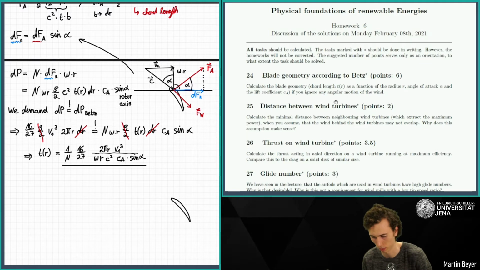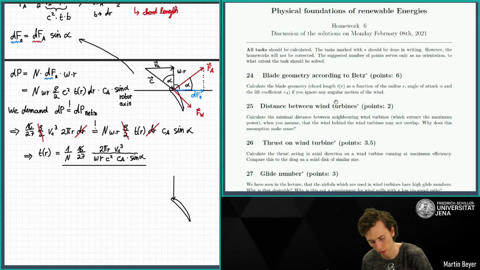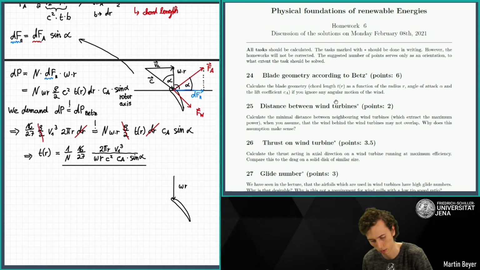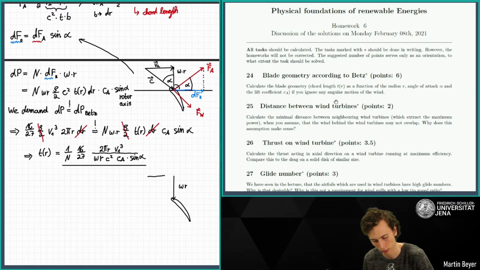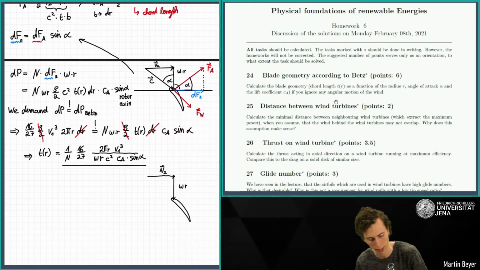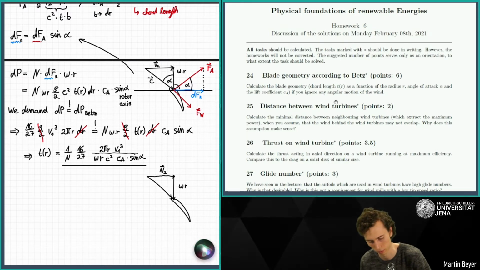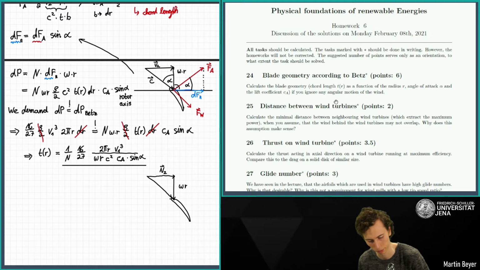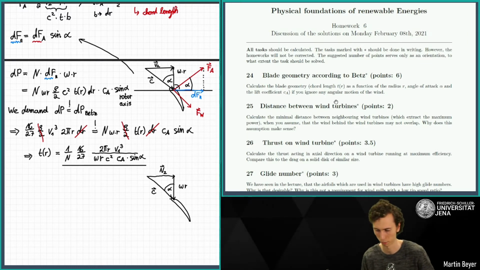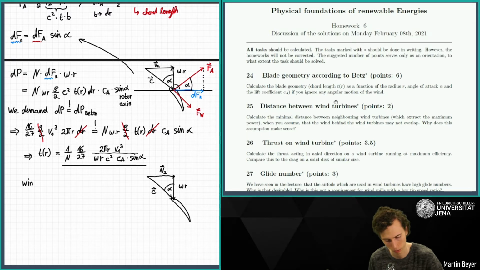We again have this omega times r, and the inflow, so the velocity v2 and the inflow velocity c, and of course the inflow angle alpha. Using this wind triangle, we can find some useful relations.